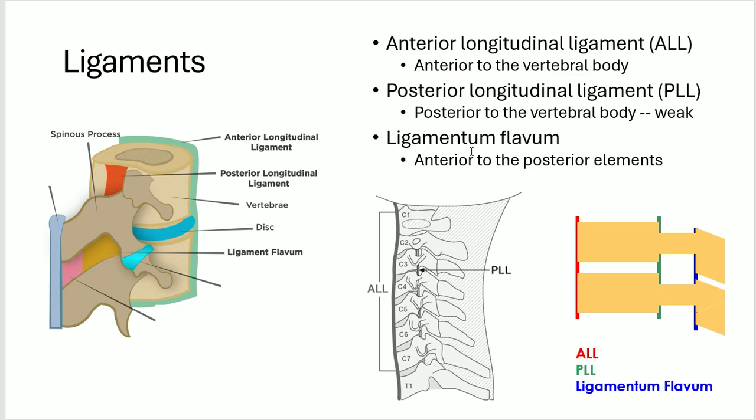And then we have what's called a ligamentum flavum, anterior to the posterior element. So it comes down the inside of the spinous process. So here's the spinous process. So that's this stuff that's sticking out. That's the spinous process. The ligamentum flavum is right here. So it's anterior to the posterior elements. It comes down the inside of the spinous process.